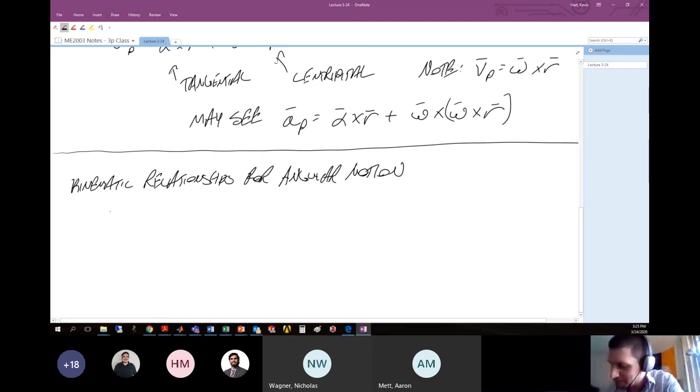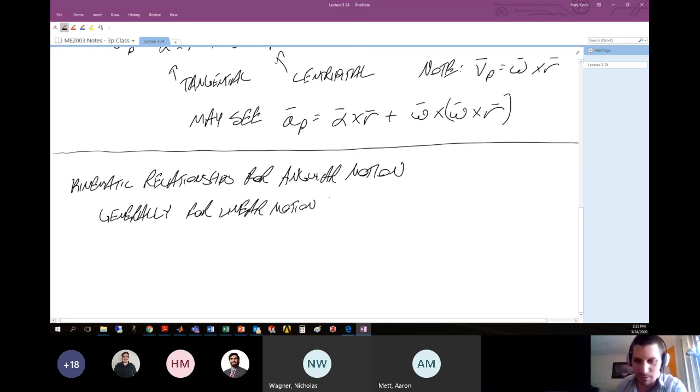But generally, for linear motion, you can write velocities and accelerations in rectangular components. It's usually easiest to describe the velocity vector in terms of the components that define that vector.